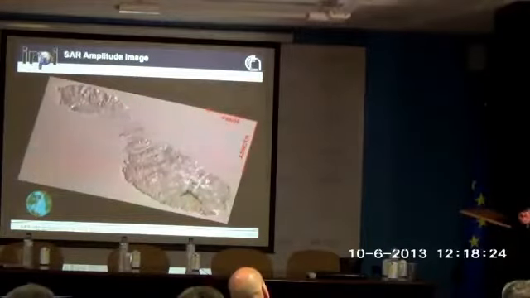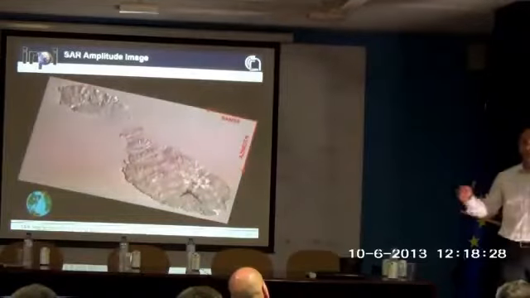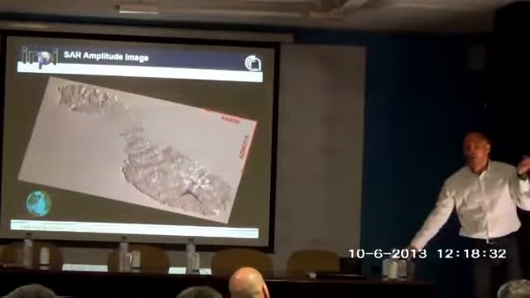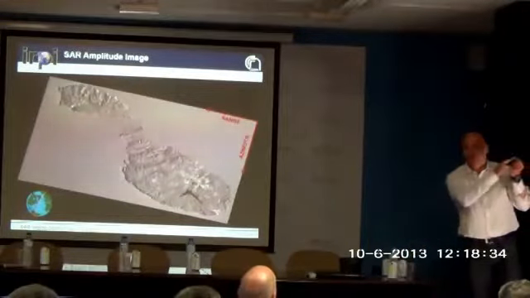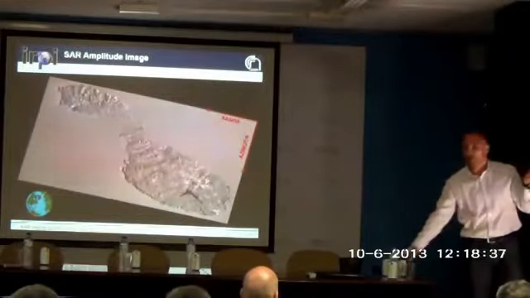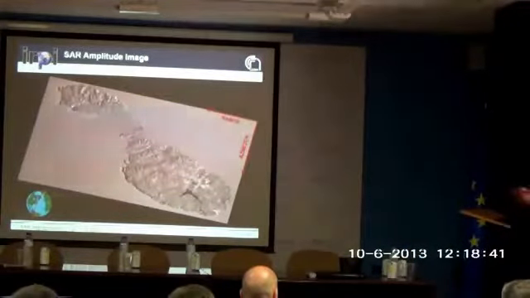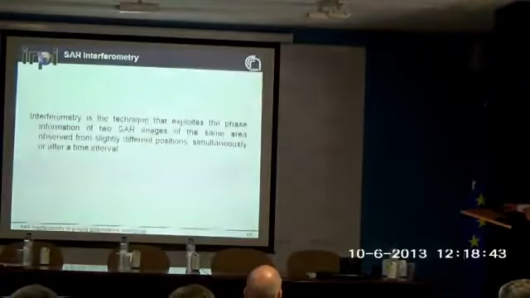The other information that we are mainly interested in is the phase, because the phase gives us the information about how distant the reflector is from our sensor, and that is going to be the information that we will exploit to create the deformation maps.